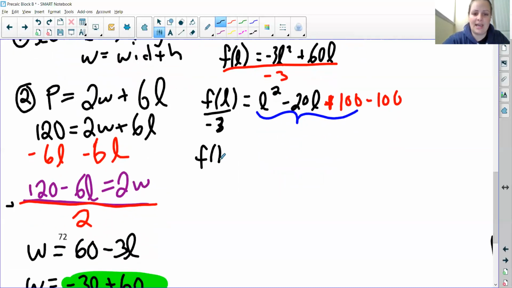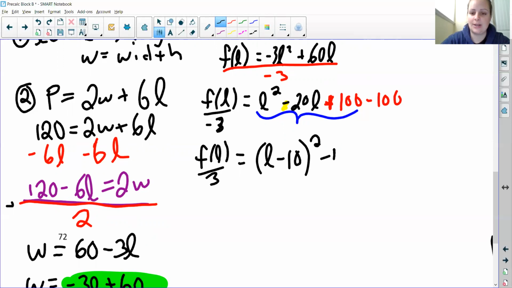So again, we're just going to have this -3 hang out here, and it's going to be L minus either half of -20, which is -10, or the square root of 100, which could be either positive or -10, but we know it's negative because it's negative here. So it's going to be -10 squared, and then there's going to be this -100.